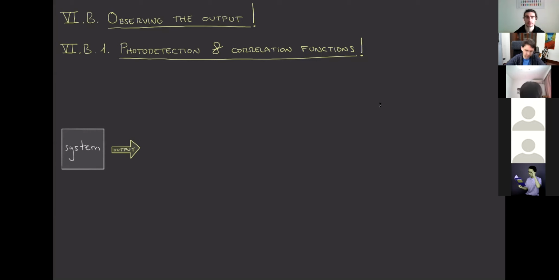Okay, and then the detector starts. So what is the detector? The detector essentially always starts with some kind of metallic plate.